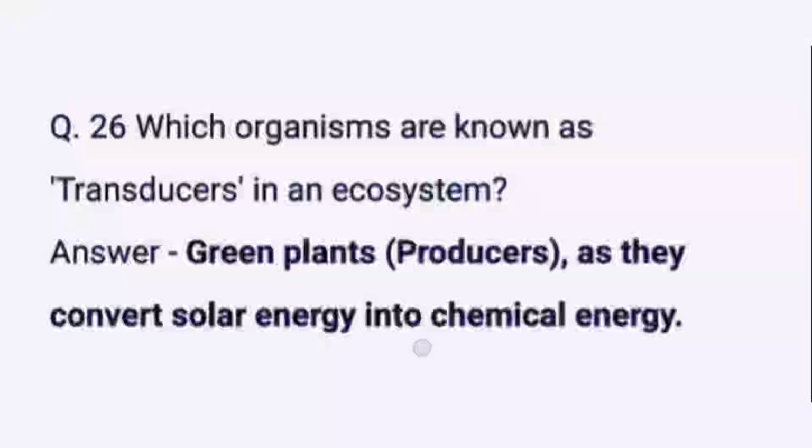Which organisms are known as transducers in an ecosystem? Green plants, which are called producers, as they convert solar energy into chemical energy. What is the flow of energy in an ecosystem considered to be?